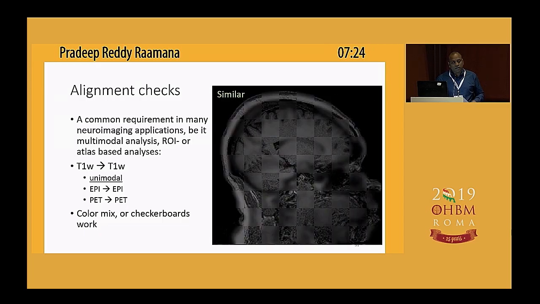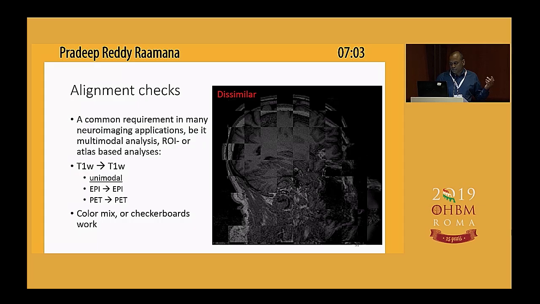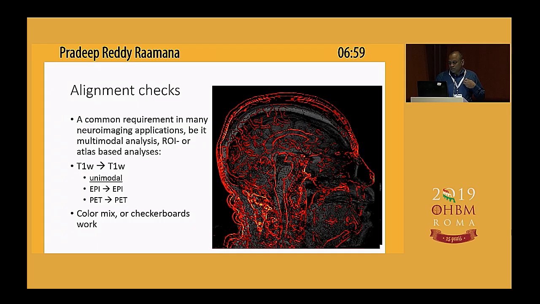And another way to do it is something called a checkerboard pattern, where you display different images in the neighboring cells, left and right or top and bottom. And when they are similar or more or less aligned, you don't see much jaggedy edges. When they're dissimilar, it becomes really, really obvious. And another way to do it is to extract edges and overlay them on the image, which makes it quite easy.